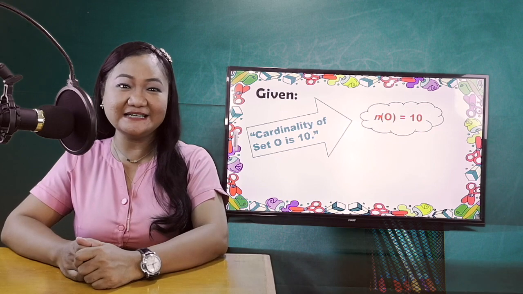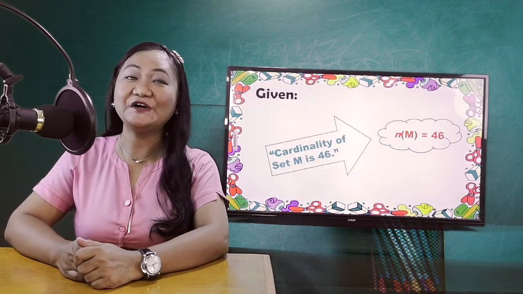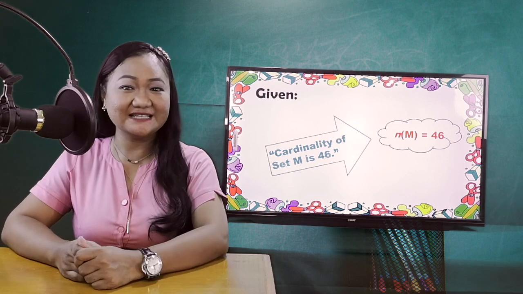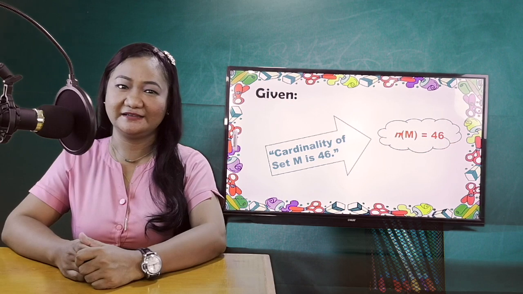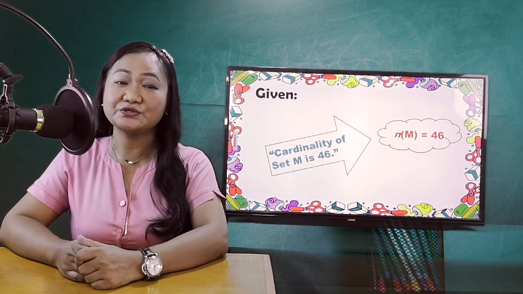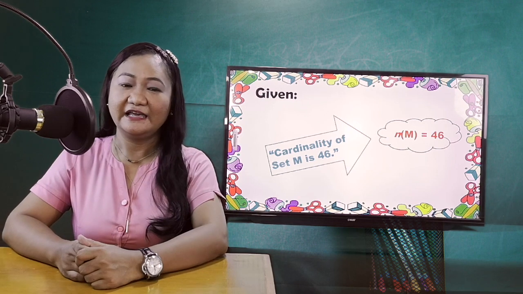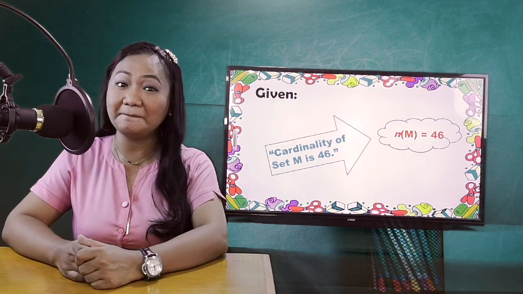Another given data? Correct! That is 46. This is the cardinality of students who chose modular learning. Use capital letter M for the set of students who chose modular learning. In set notation, this is cardinality of set M is 46.